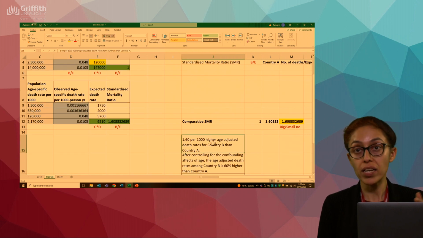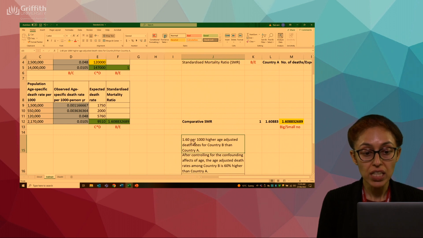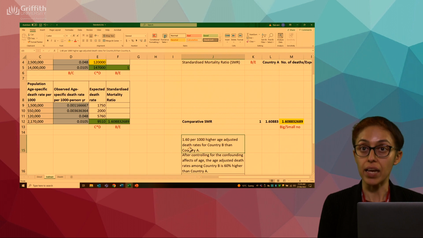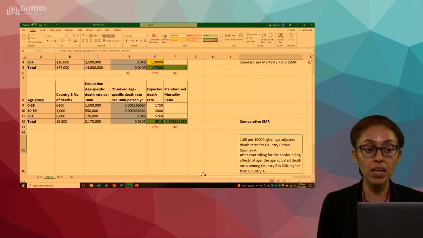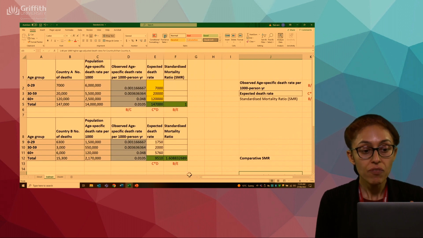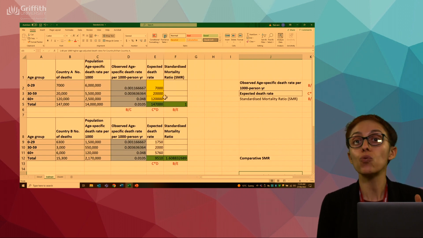So basically you can write a statement as 1.60 per thousand higher age adjusted death rate for country B than country A. Basically we are saying the same thing, that after adjusting for age, country B has a higher death rate compared to country A.